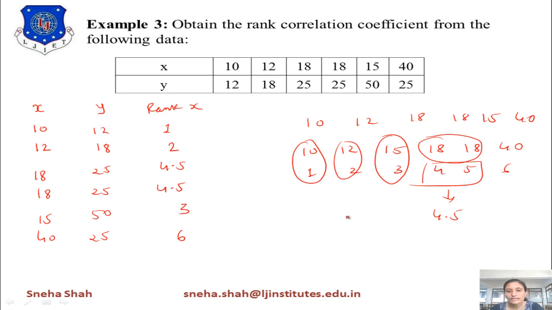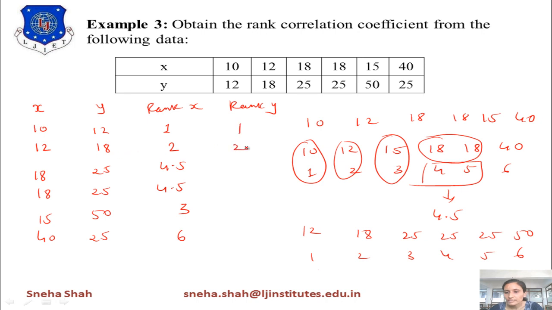Similarly we will do it for Y. Arranging this in ascending order, it will be written like this: 12, 18, 25, 25, 25 and 50, with ranks 1, 2, 3, 4, 5 and 6. In front of 12 I will write 1, in front of 18 I will write 2.